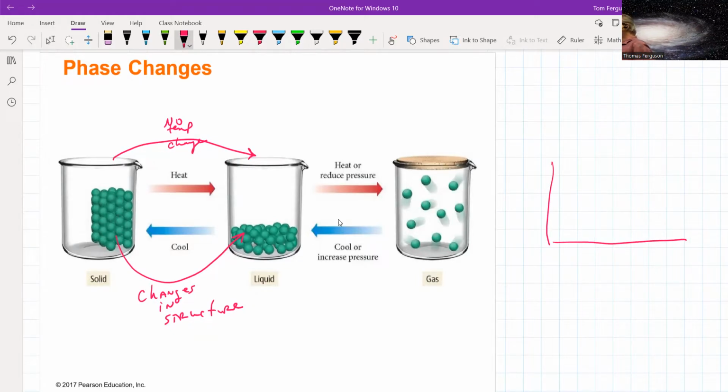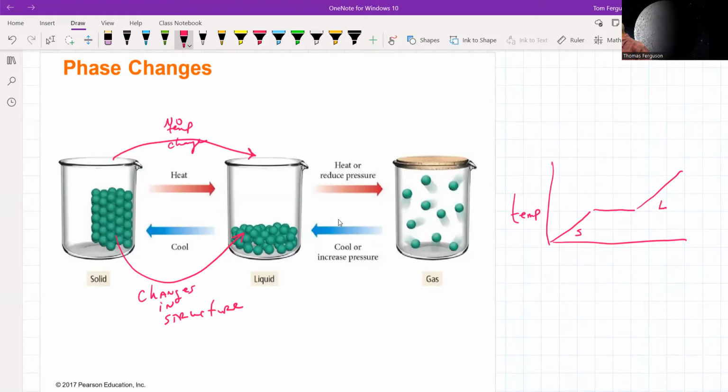And let's just look at solid going to liquid. So if we look at temperature, as we keep increasing temperature, that solid now is going to be converted into liquid.